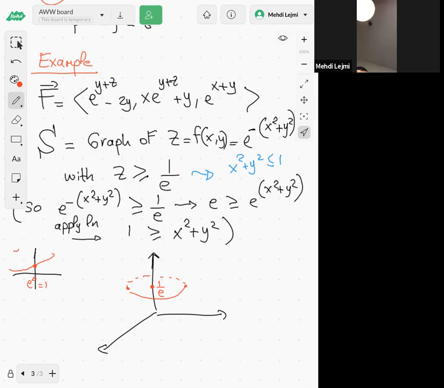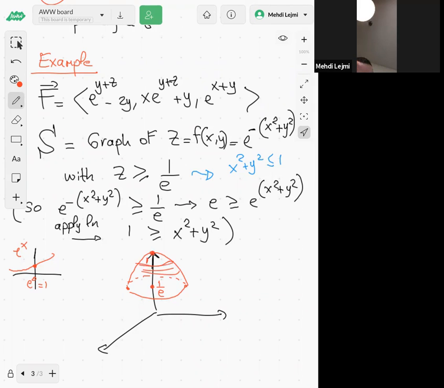So this is e to the x. If your power is negative or 0, the maximum would be e to the 0, which is 1. So the highest point of this graph would be just equal to 1 here. So this is 1.